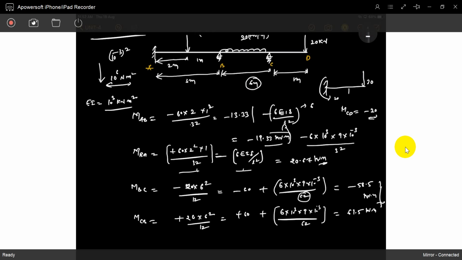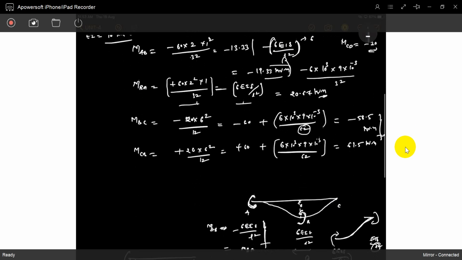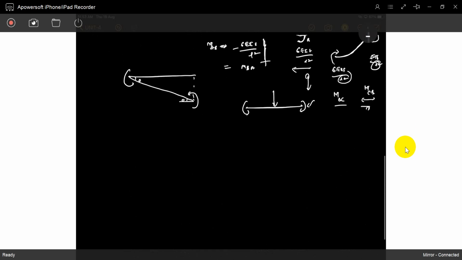Just add the extra moments developed due to the support settlements. Nothing more to discuss. We have to take it like this. So now we will draw.